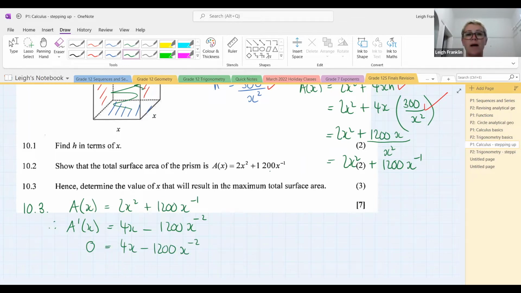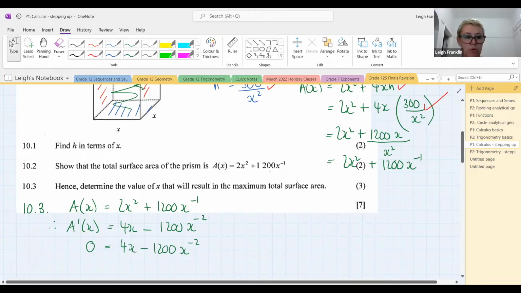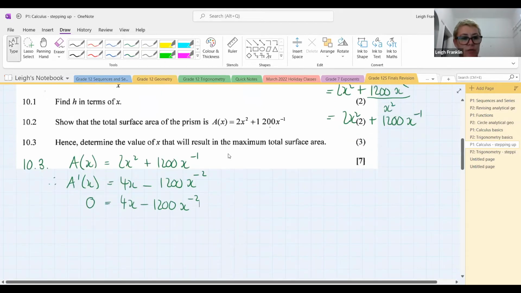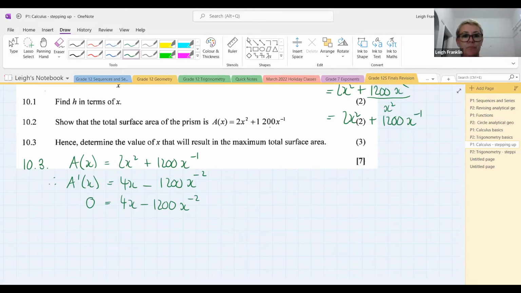All right, so what are your ideas here? What would you do once you'd got to this point? What do we do when we get here, Matrix?